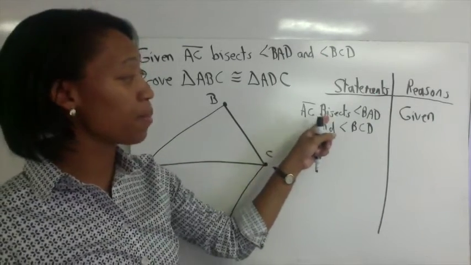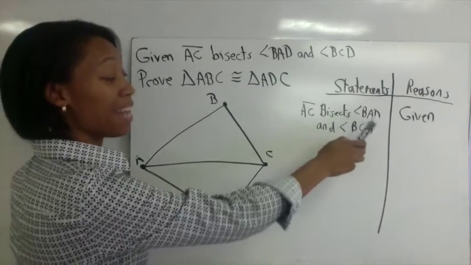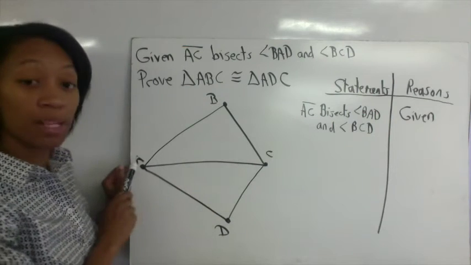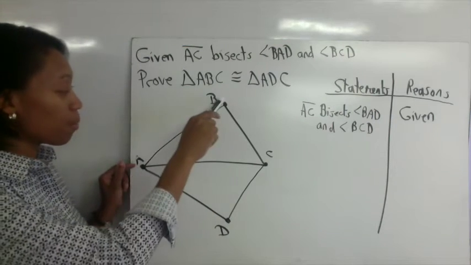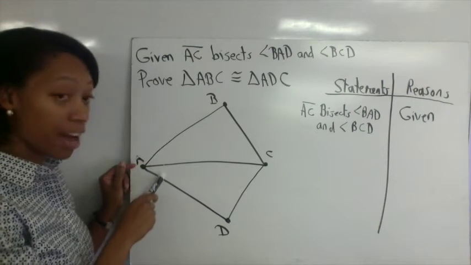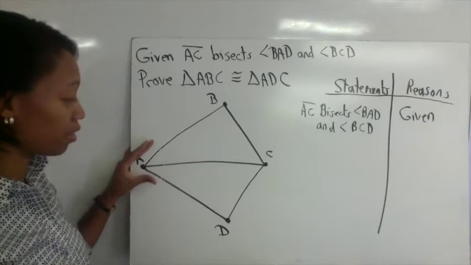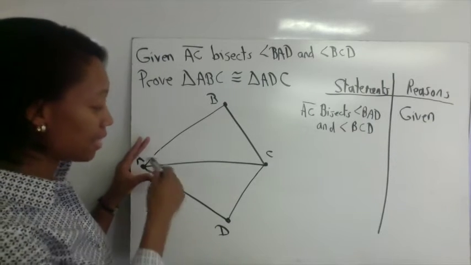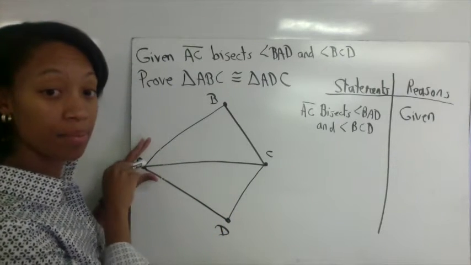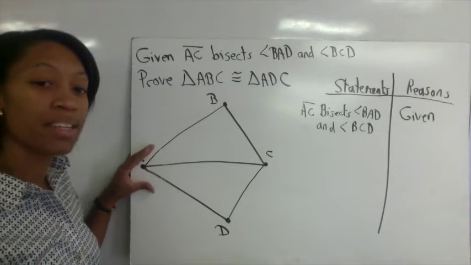Okay, now let's see if we can mark that in the picture. First of all, AC bisects BAD. Find angle BAD, and since A is in the middle, A must be the vertex, from B to A to D. So they're talking about this entire corner right here, this whole angle right here, BAD. Now it says that AC bisects that. What does it mean to bisect something? Well, bisect means that it splits it in half.